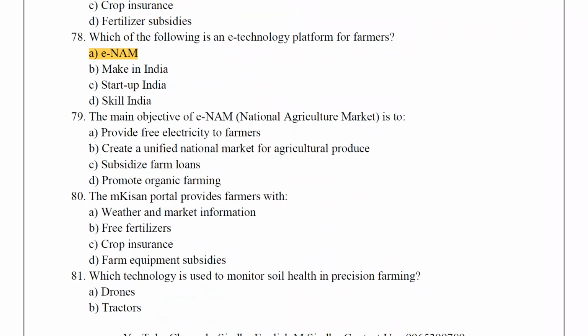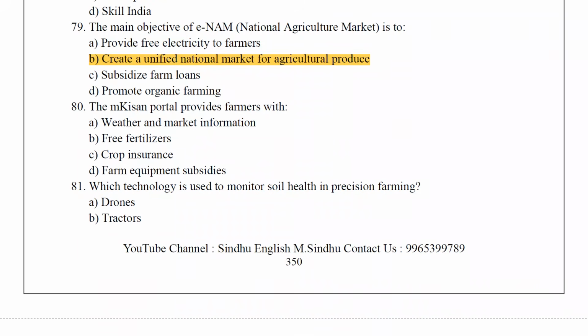The main objective of eNAM, National Agriculture Market, is to create a unified national market for agricultural produce. The m-Kisan portal provides the farmers with weather and market information.